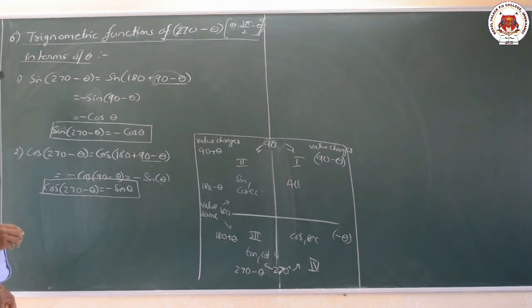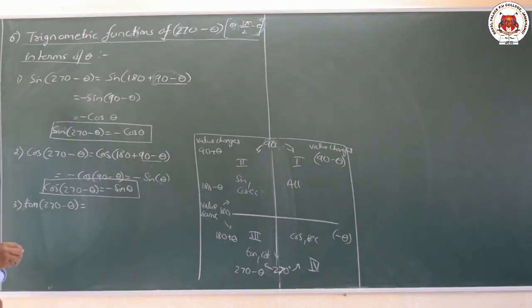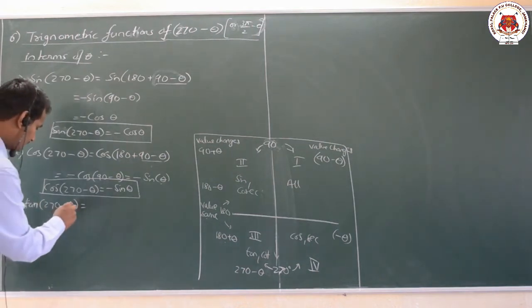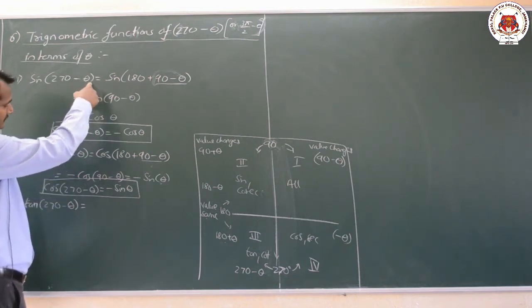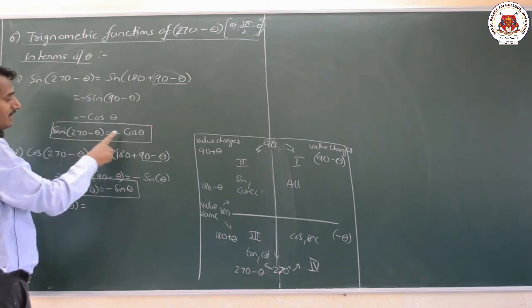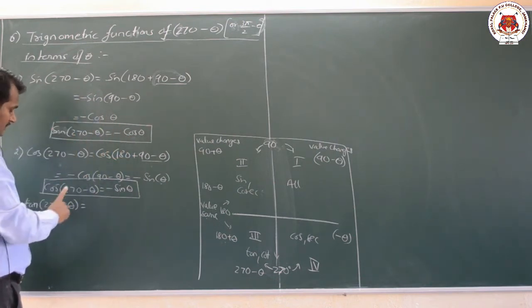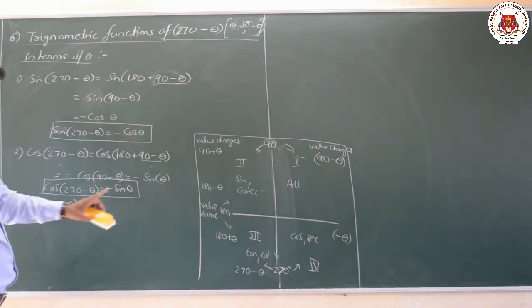One thing. Now let us learn about the third one, that is tan. Tan of 270 minus theta is the same as sine by cos: sine of 270 minus theta divided by cos of 270 minus theta. Sine of 270 minus theta means minus cos theta, and cos of 270 minus theta is minus sin theta.